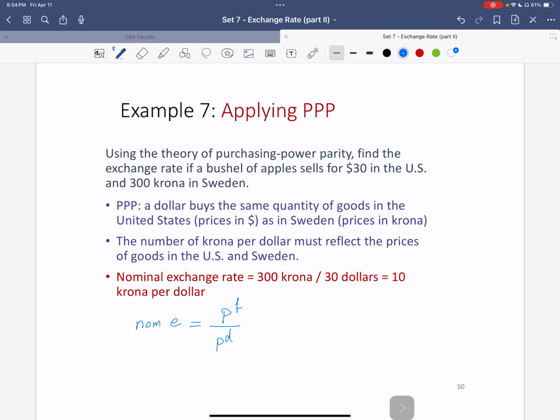So plugging in the numbers, the nominal exchange rate will be 10 krona per dollar. 300 krona divided by $30 is 10 krona per dollar. Okay?